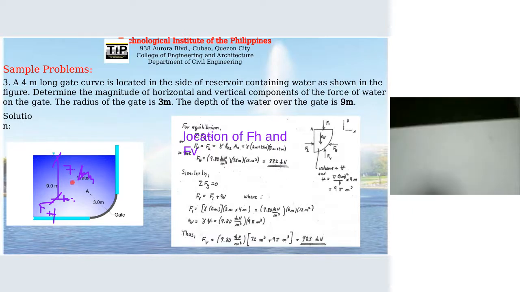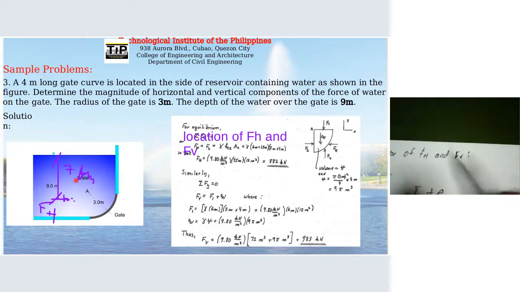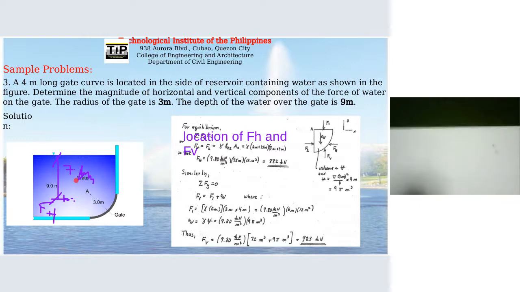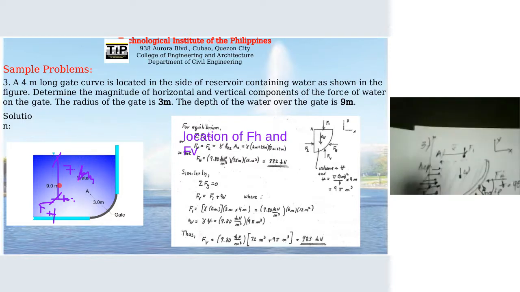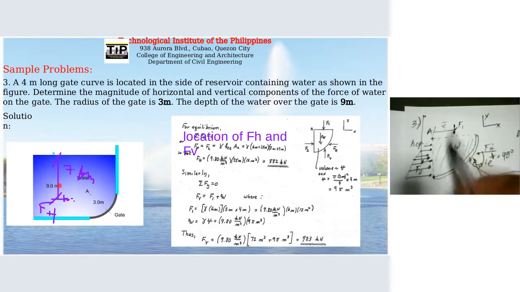Okay. So what about the location of F sub B? Location of F sub B, we can look at the free body diagram and determine the location relative to point A. This is point A. This is F sub B. Okay, this is F sub B coinciding with F sub 1 and W. So we need to determine this.